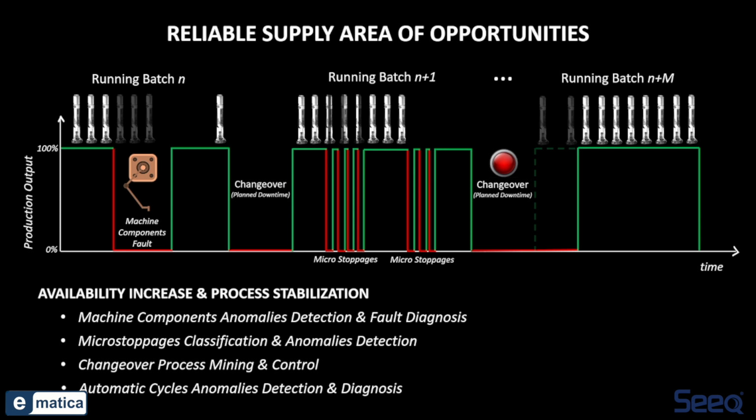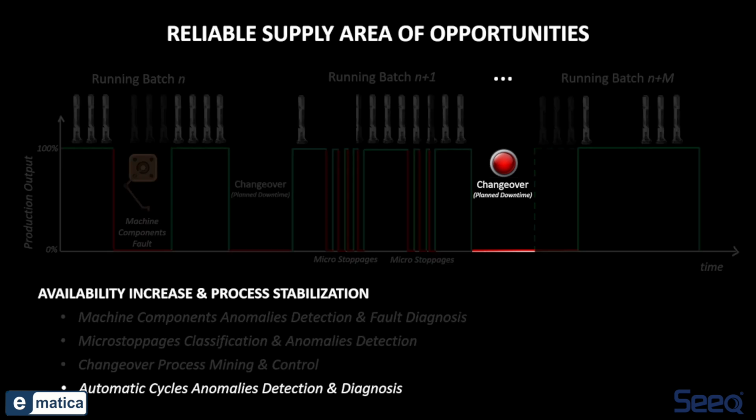That's why we work a lot with process engineers, and we also have different areas of opportunities to do that. So we work on analysis, alarms, anomalies, and we try to reduce them. So what we are going to talk about today are automatic cycles anomalies.